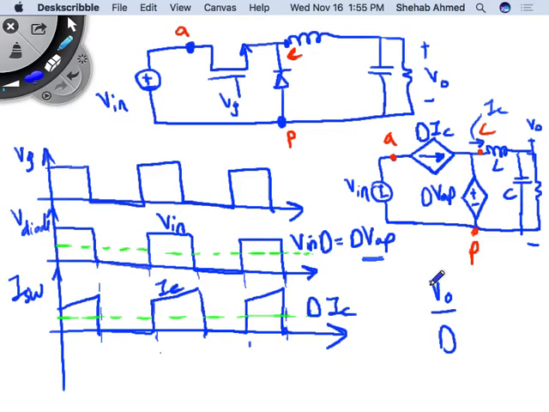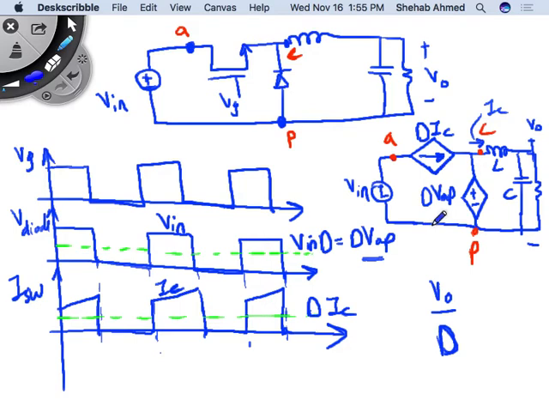It's not between V and V out. Your input is the duty ratio, right? Your input has to be duty ratio, and your output is the output voltage. Your output can be different if you're charging a battery. What will your output be if you're charging a battery?